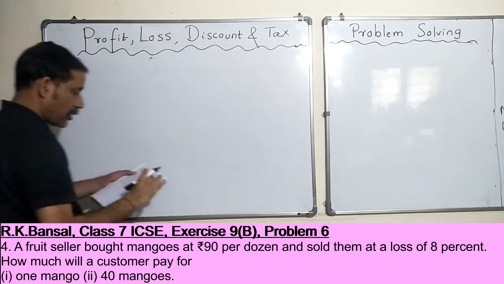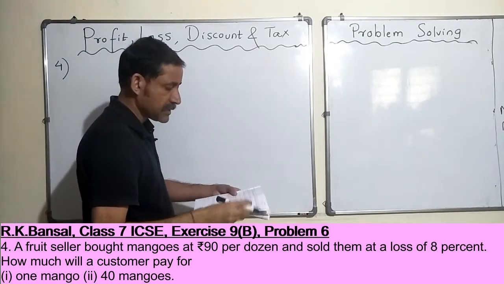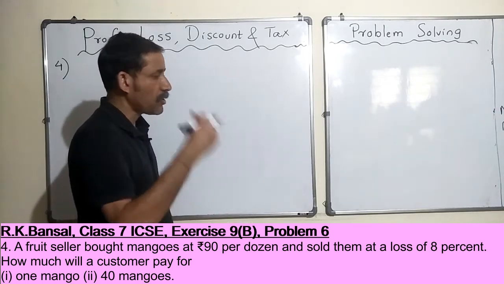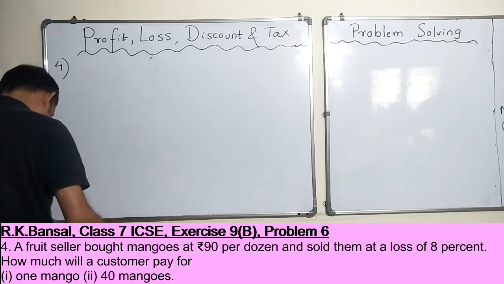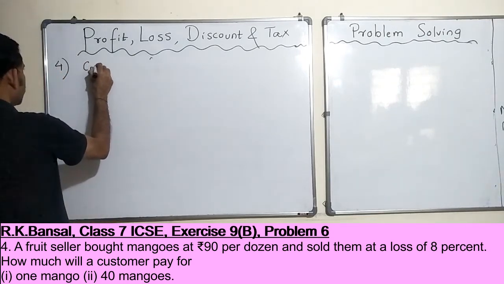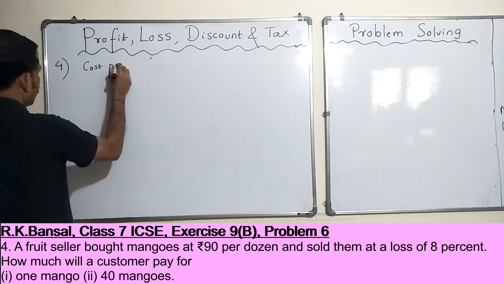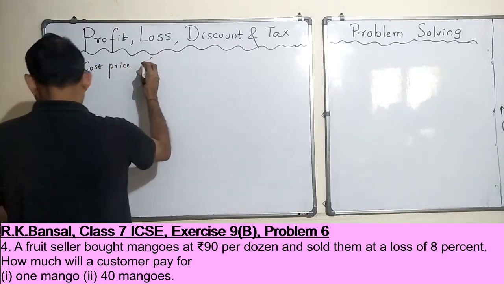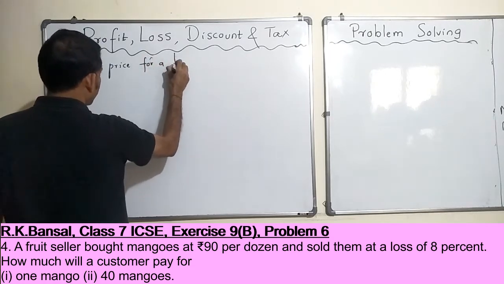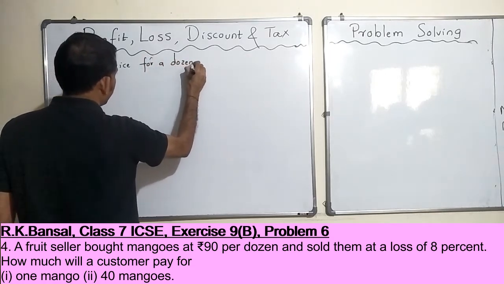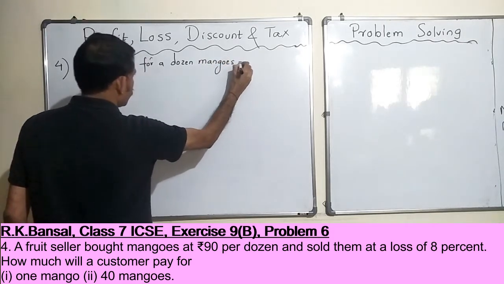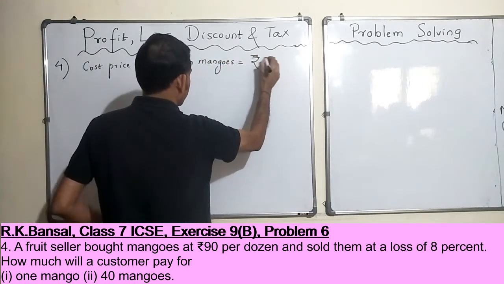When you look at the problem, don't be scared. Start writing statements one by one and things will solve by itself. Okay, so let me see how we solve this problem now. Cost price for a dozen mangoes is equal to rupees 90.